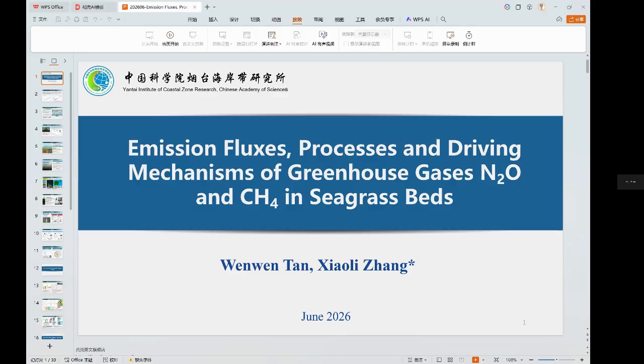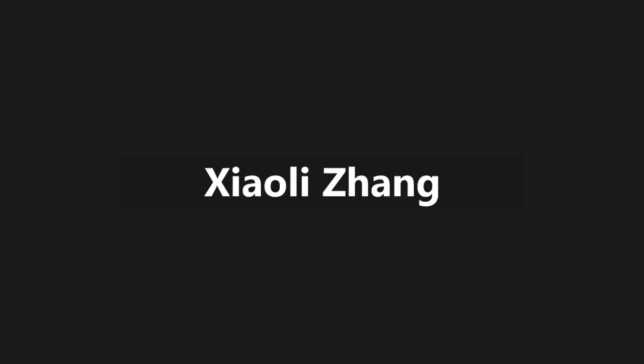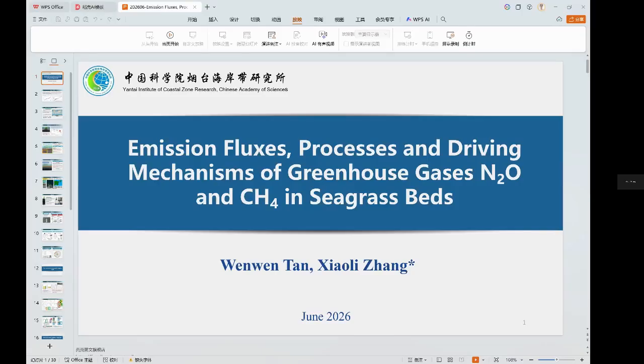First, I briefly introduce these two greenhouse gases. Methane, the second most important greenhouse gas after CO2, contributes about 25% of the global warming. Methane has a short atmospheric lifetime of around 12 years, but a very strong warming effect, 28 times that of CO2.